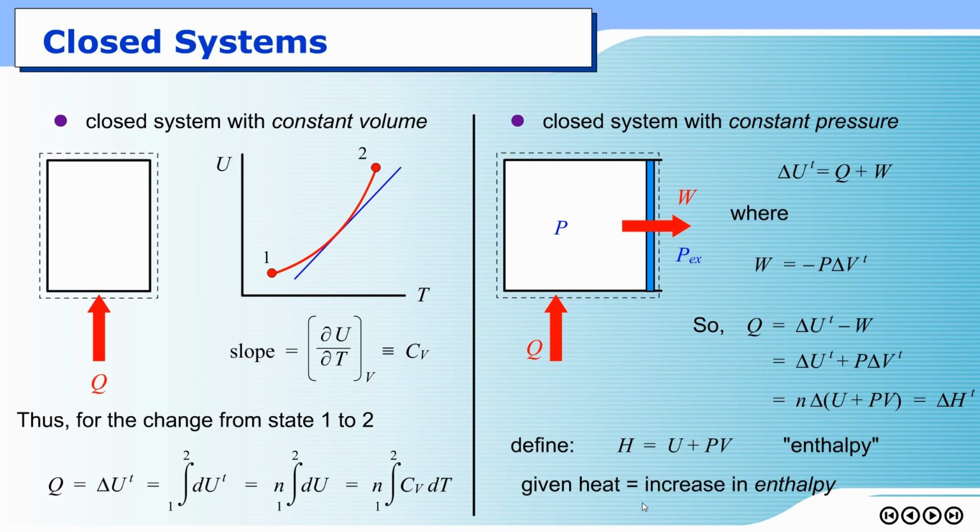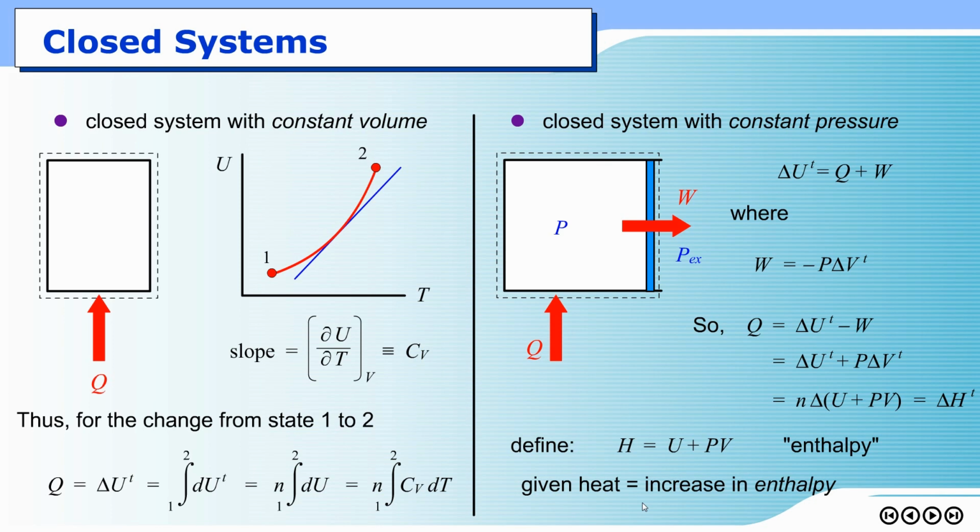For a constant pressure system, the amount of energy transferred as heat will be added to something that we define as enthalpy. Okay, so sometimes it is confusing because enthalpy is a bunch of variables combined together. It's a defined variable. It's not like internal energy that we can understand.